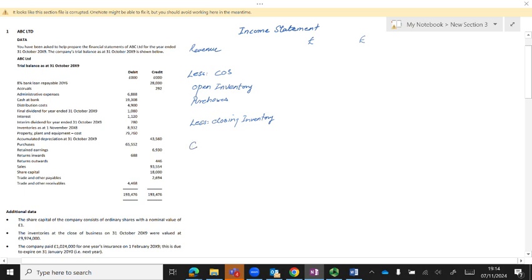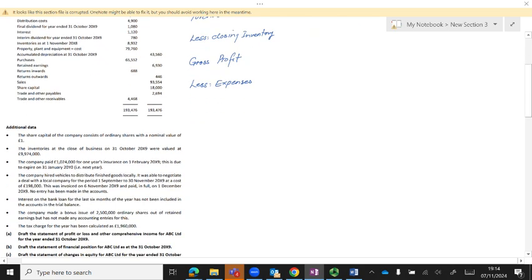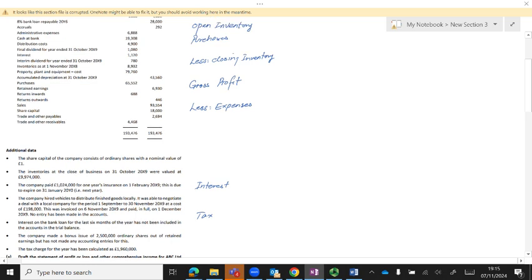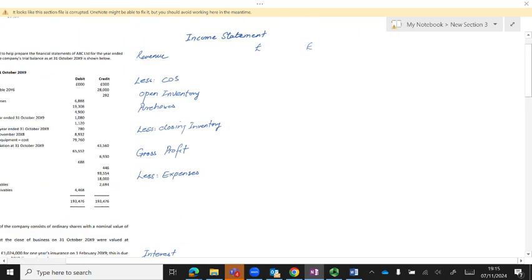Then I'll have my gross profit. Then I'll have less expenses, interest and tax. And this is the format of income statement.